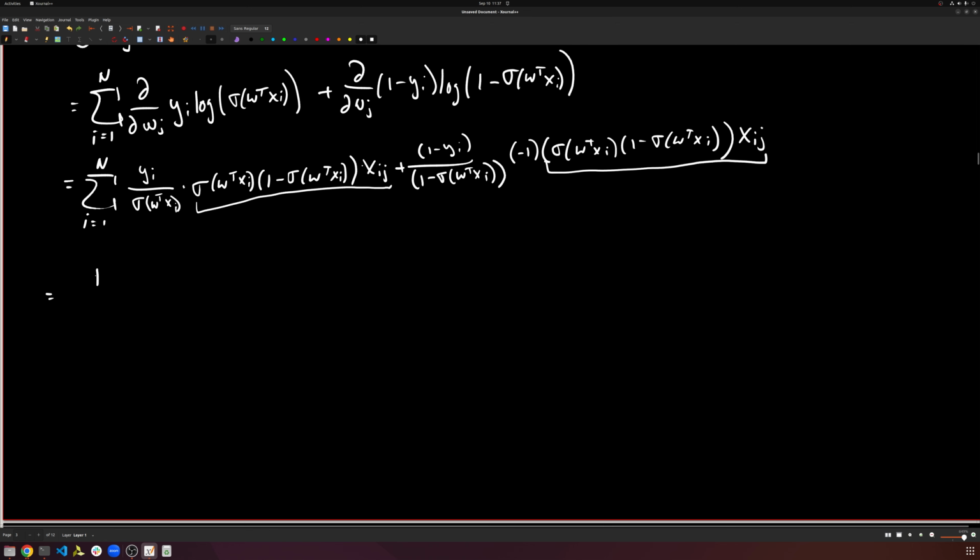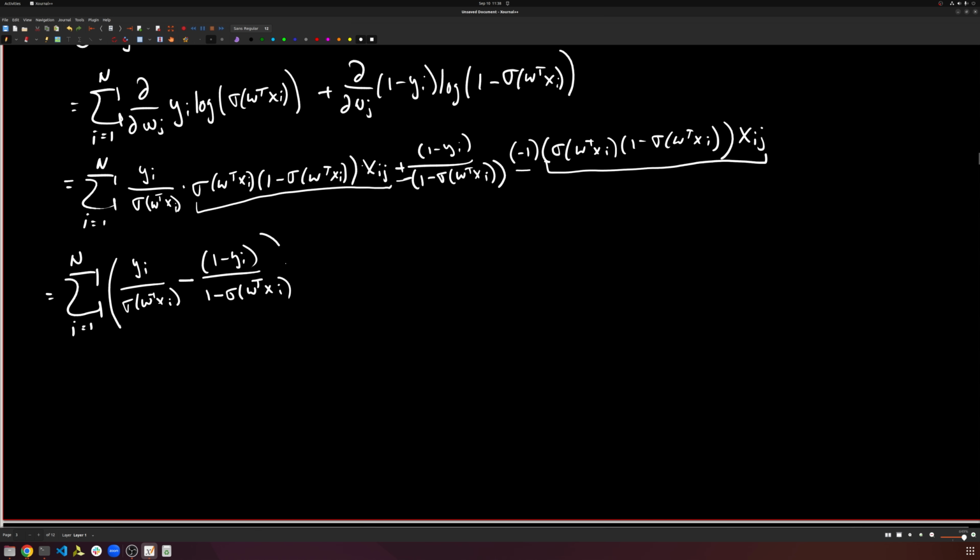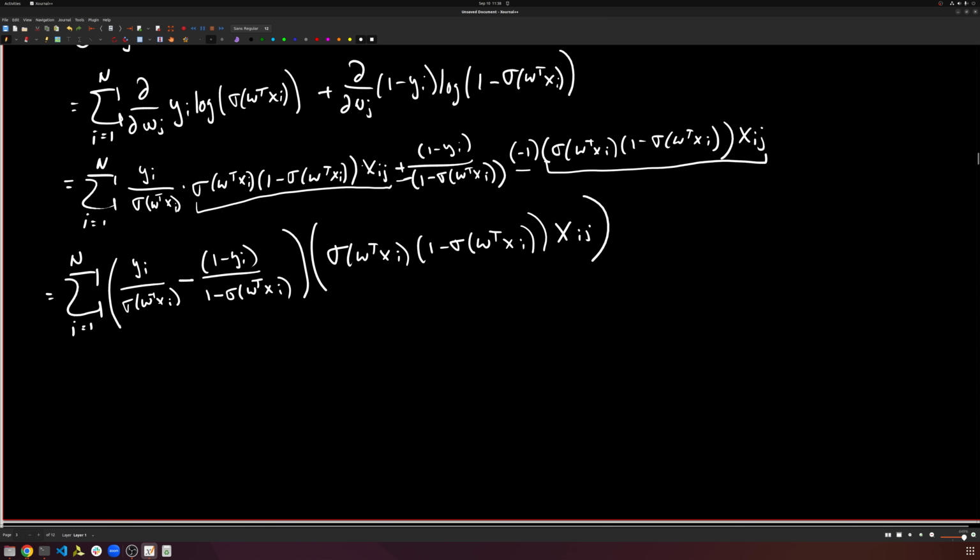This is going to be equal to the sum i equals 1 to n of yi over sigmoid w transpose xi minus, it's minus again because this -1 and this positive make a negative, 1 minus yi over 1 minus sigmoid w transpose xi, and all of this will be multiplied by the thing we took out, which will be sigmoid w transpose xi times 1 minus sigmoid w transpose xi times xij. And there we go. That's the big summary of everything that's going on.